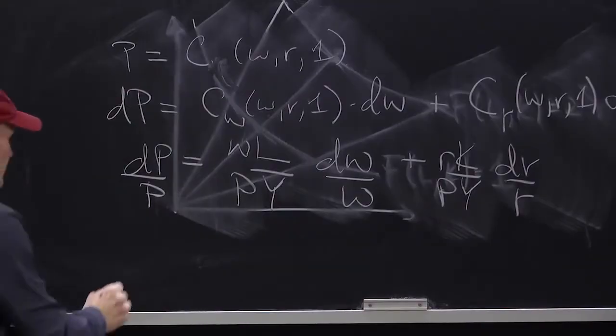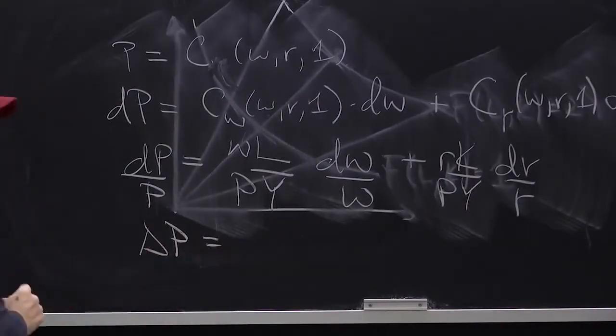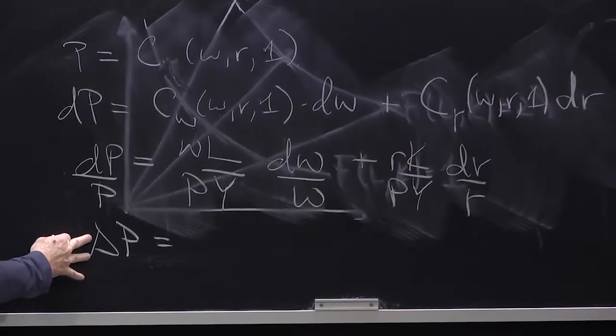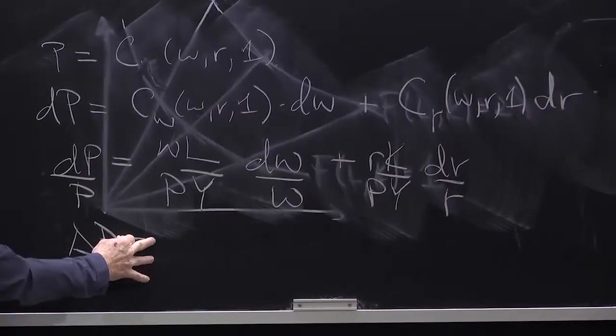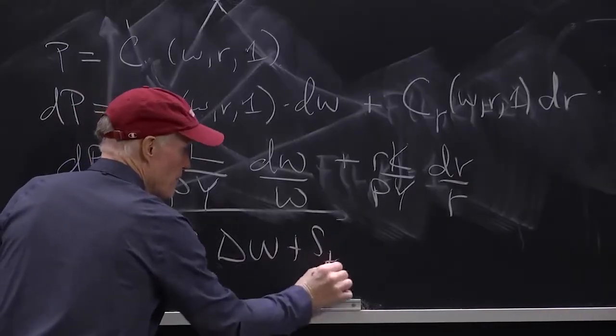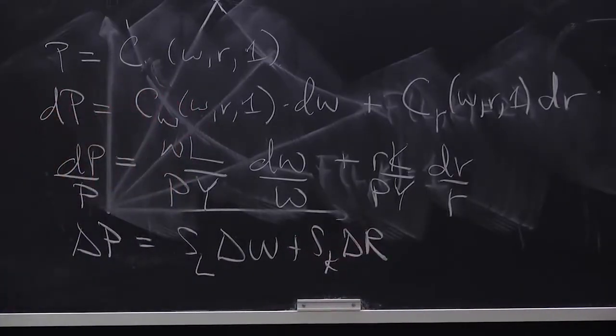And so what is it? Delta P equals, right? That's a percentage change in P. That has to be equal to the share of labor times delta W, plus the share of capital times delta R. Exactly. That is, the change in the price of output is just a share-weighted average of the change in input prices. Everybody understand that? So that's going to be my first equation, equation number 1.